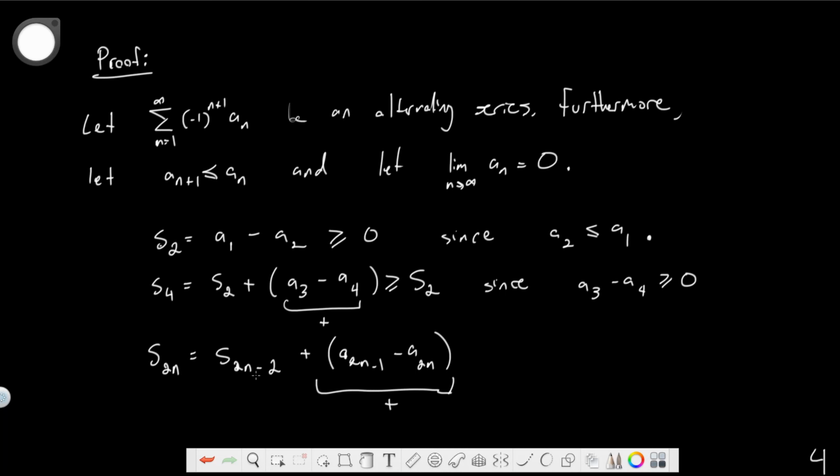We're adding that to the 2n minus 2 term in the sequence of partial sums, so this is guaranteed to be larger than S sub 2n minus 2. What we've done here in general is shown that S sub 2n is increasing. Or specifically, because I have all these equal signs in my inequalities, non-decreasing.